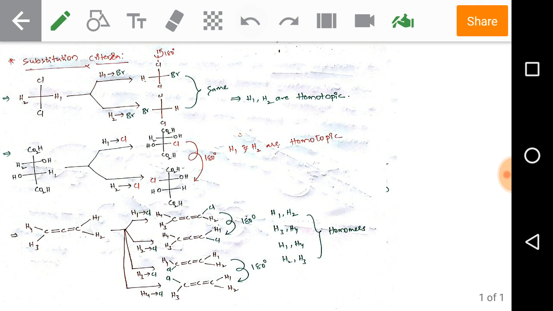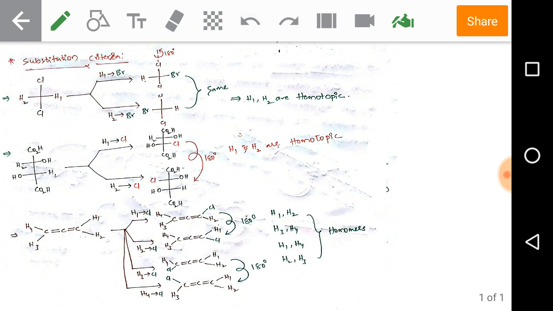Okay, right. Now check another example, that is allene. On allene we have labeled hydrogens on 1, 2, 3, 4 like that. And if H1 is replaced with Cl, we get this one, and H2 with Cl we get this stereoisomer, and H3 and H4 we get all these different stereoisomers here. Okay, I now consider H1 H2 relationship.